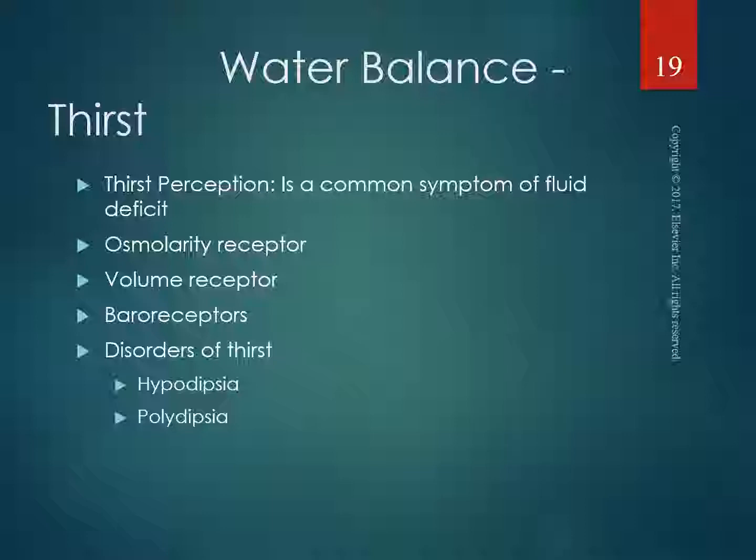Osmolality receptors develop as the effective circulating volume decreases to a point sufficient to stimulate the thirst mechanism. Urine output decreases and urine osmolality and specific gravity increase as ADH levels rise because of a decrease in vascular volume.